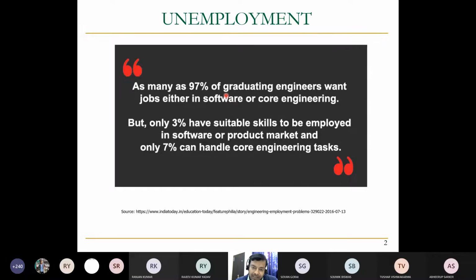But if you read these lines from the slide, as many as 97% of engineering graduates want a job either in software or core engineering domain. But only 3% have suitable skills to be employed in the software or product market, and only 7% can handle core engineering tasks.